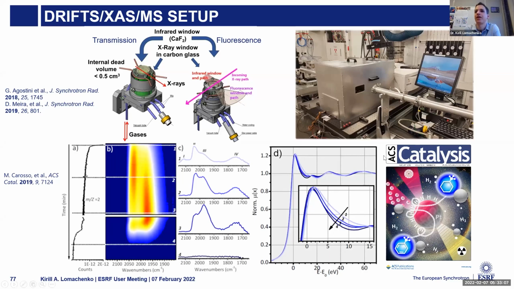This one made the cover of ACS Catalysis a couple of years ago. This was a nice study of platinum hydrides carried out by a team from Turin University. At the same time, we saw the modification of the structure of platinum nanoparticles, and the modification of the platinum hydrides that were created on the surface of these particles upon exposure to hydrogen.